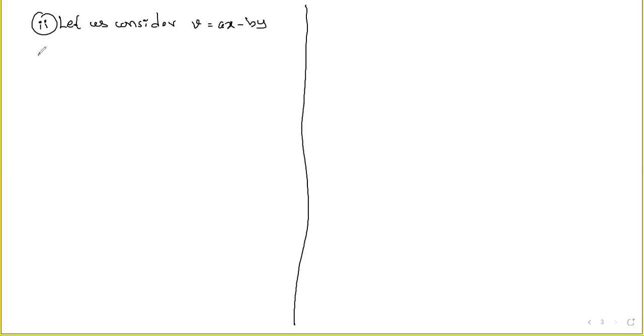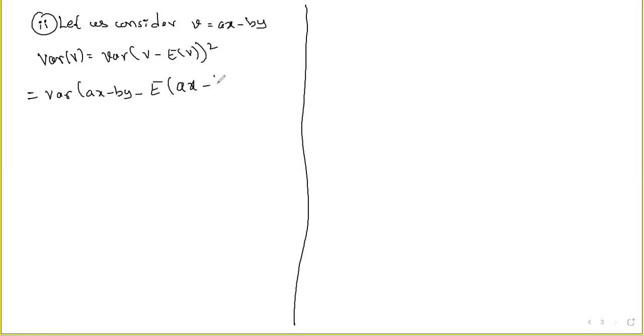So now variance of v equal to expected value of v minus expected value of v whole square. This is our basic formula. So variance of v means what? We have ax minus by minus expected value of ax minus by whole square.